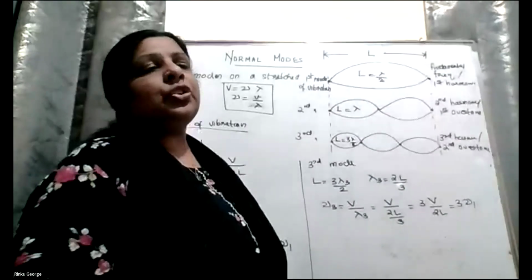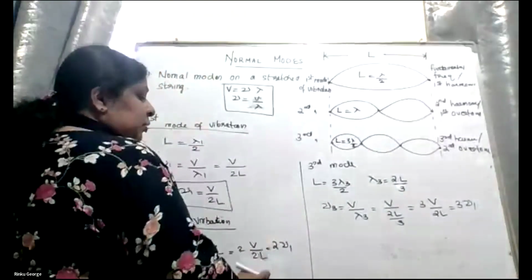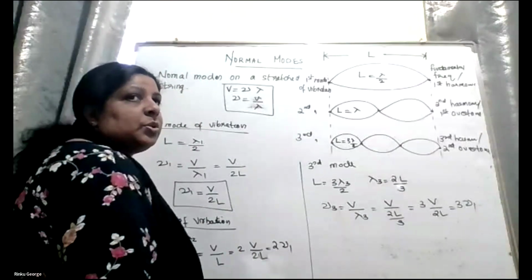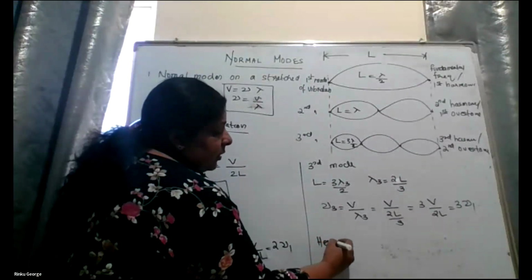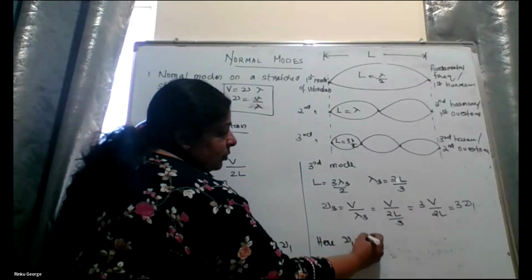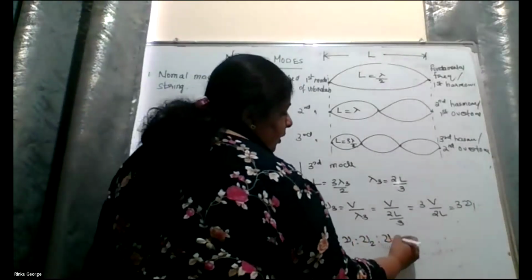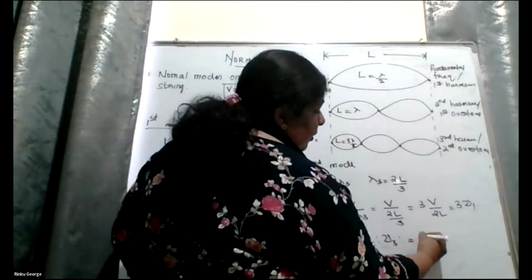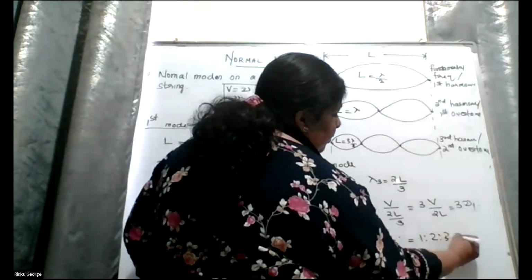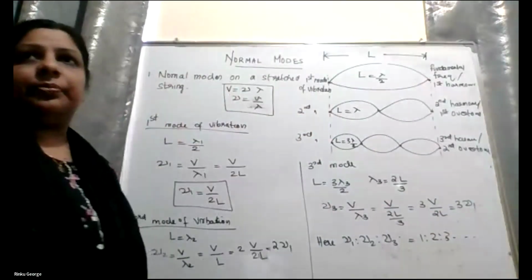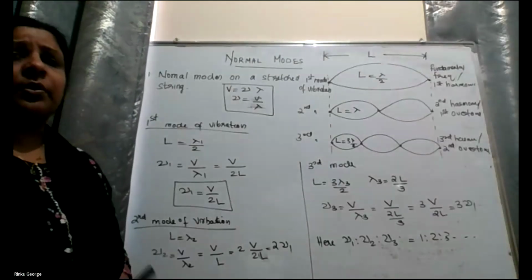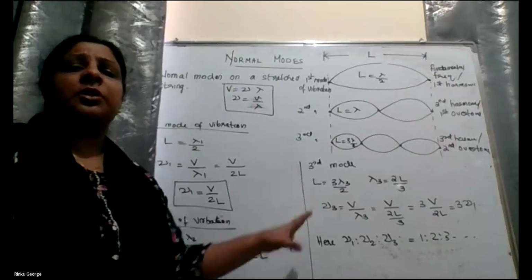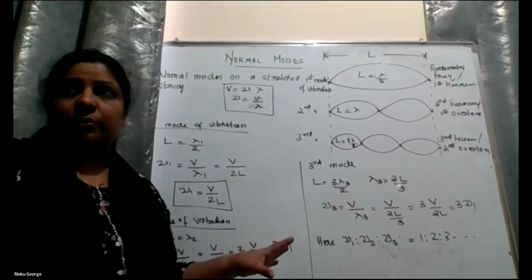What is the ratio of all these frequencies here? Nu 1 is to nu 2 is to nu 3 is 1 is to 2 is to 3, and so on. So that is the first case. The first thing you will do is draw the diagram; you should be thorough with the diagram.